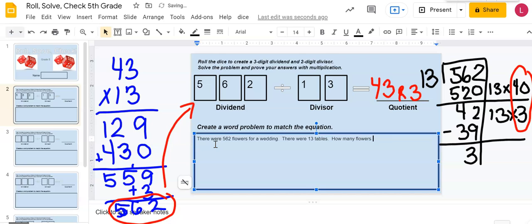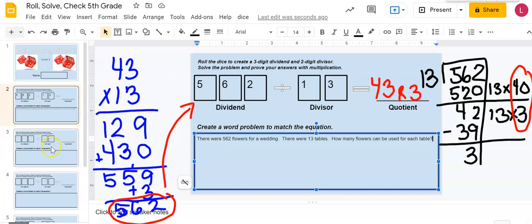How many flowers can be used for each table? Now, we know there's 562 in all, and we're going to divide them among 13 tables. So we would have 43 flowers per table, and then we'd have 3 left over.